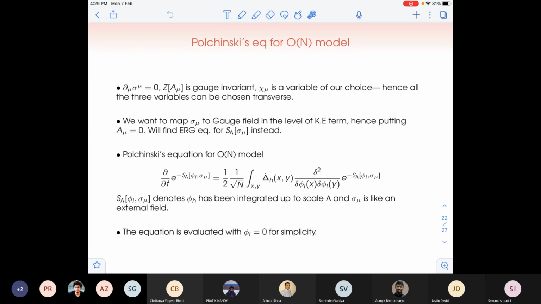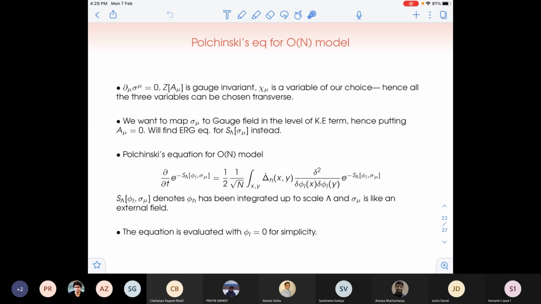So if we do that, first note that S lambda of phi L, sigma mu satisfies a Polchinski equation of this form, where phi L and sigma mu act like external fields, and phi H has been integrated up to scale lambda.